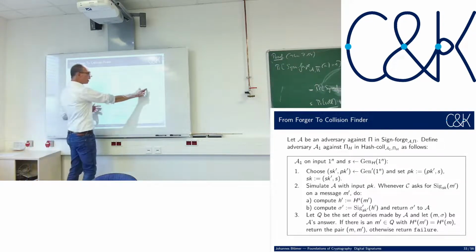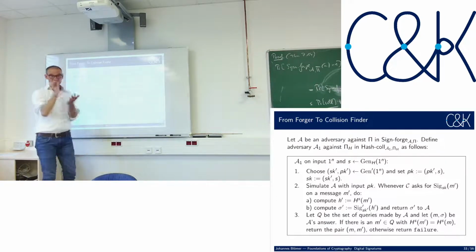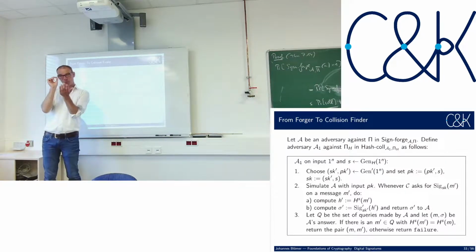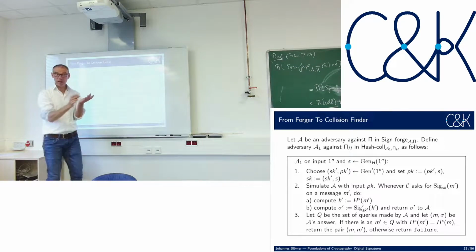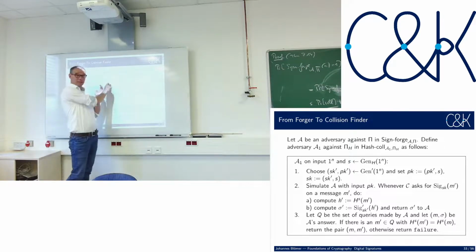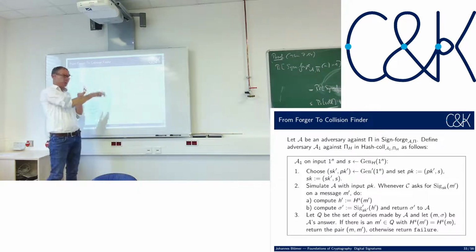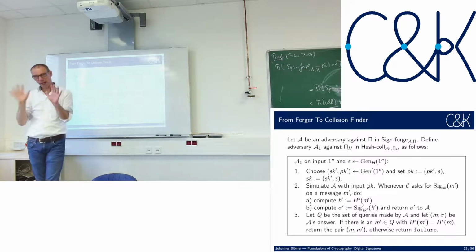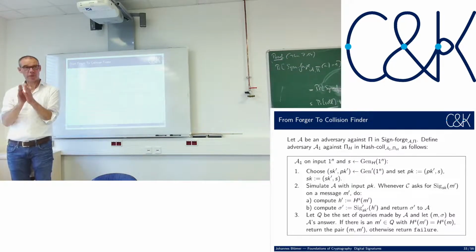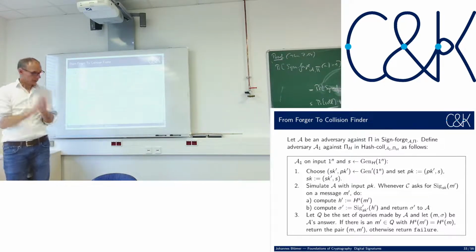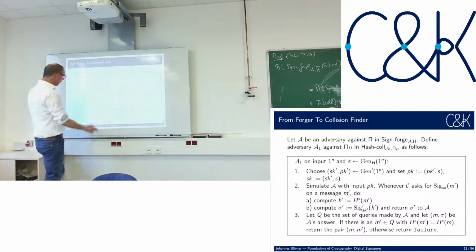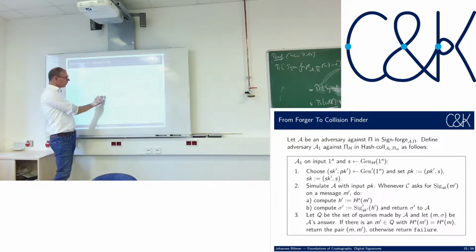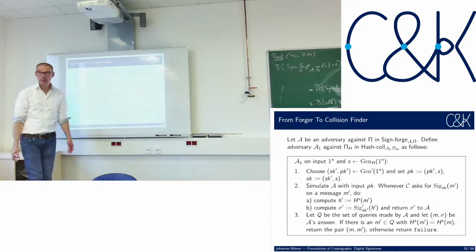Now this key pair, PK, SK, is generated as in the real key generation algorithm for pi. In pi, this is done by the challenger, and here A1 does it, so it's a correctly generated key pair for pi. Okay. Now we do the following. We simulate A with input PK.